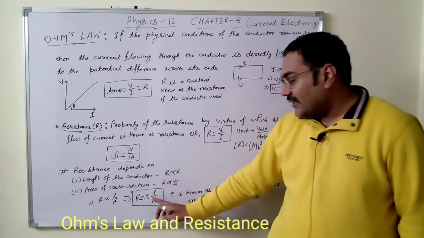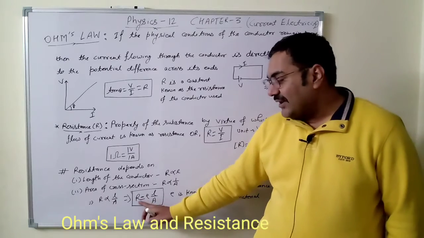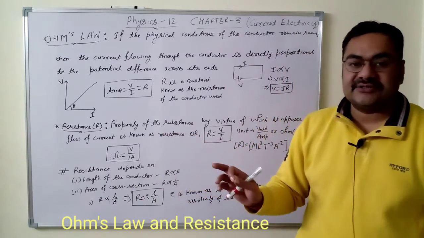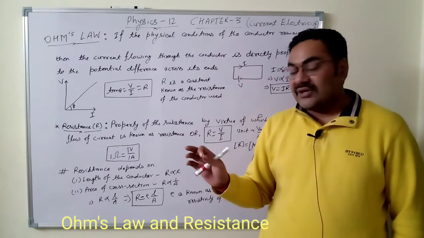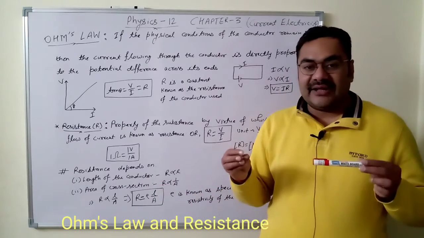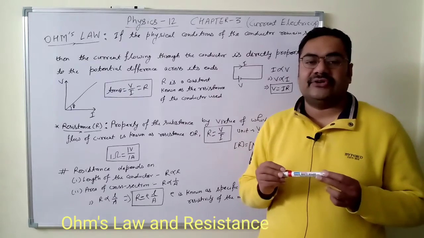So resistivity of a material is that value of resistance when the material taken is of unit length, or 1 meter length, and unit area of cross section.